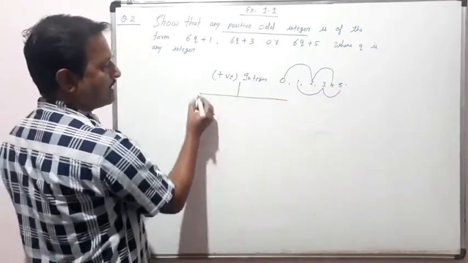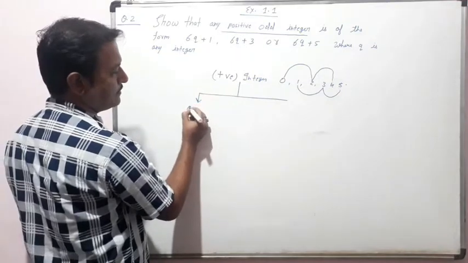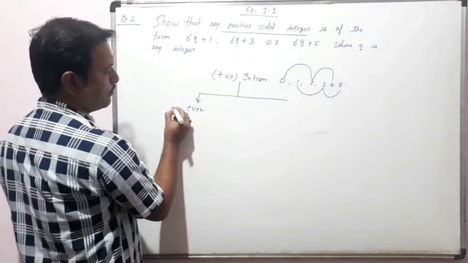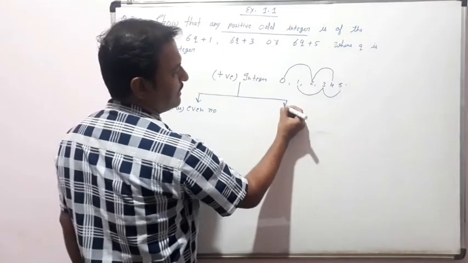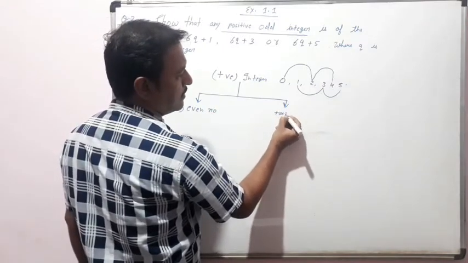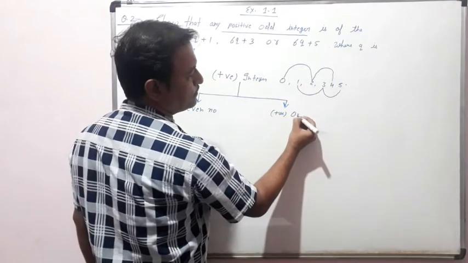So positive even numbers and positive odd numbers we have.